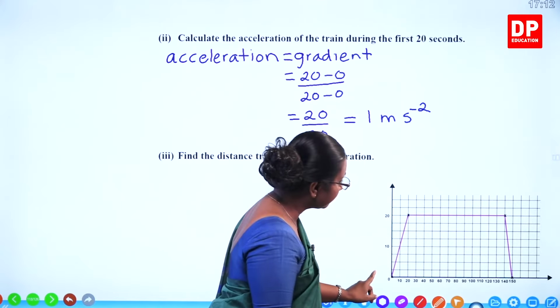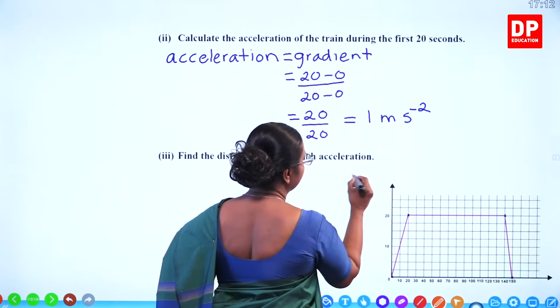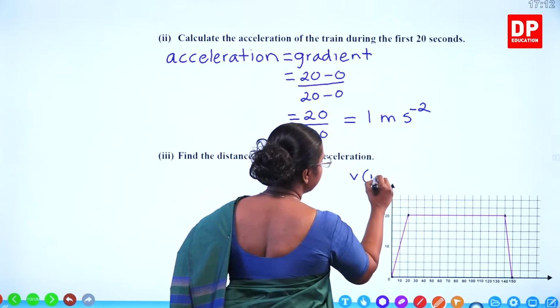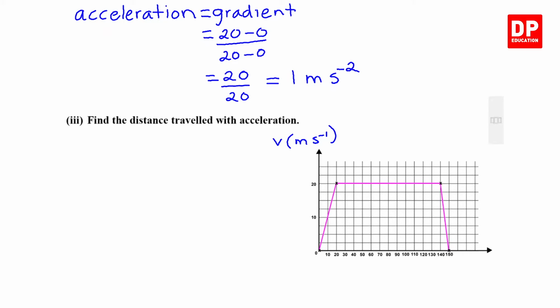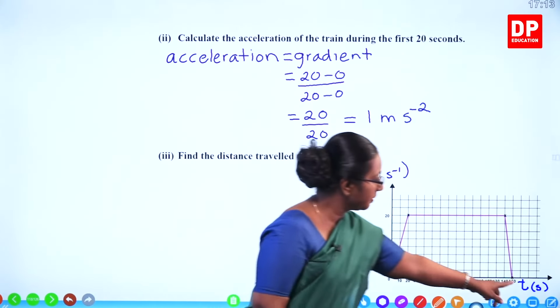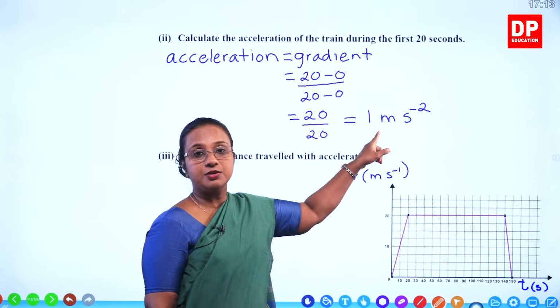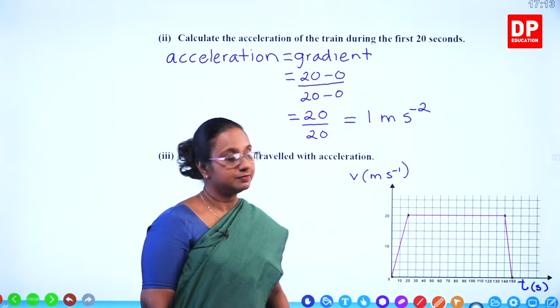Okay, in this graph, the axis is not shown. So, the axis will be, this is velocity in meters per second, and the x-axis we have time in seconds. So, when you divide meters per second by seconds, you get the unit as meters per second square.